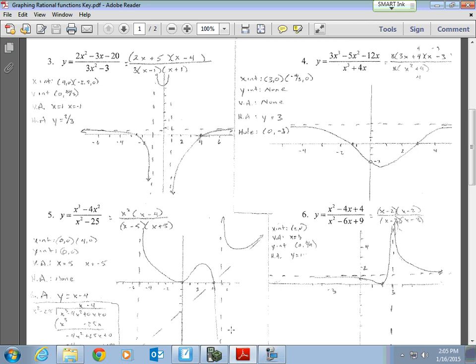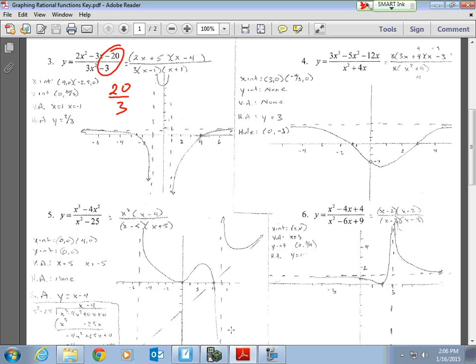Y-intercept, plug in 0 for x, and I get a negative 20 over a negative 3, which is a positive 20 over 3, which is about 6.6 repeating. Vertical asymptotes, values for x that make the bottom 0, which is at 1 and negative 1.